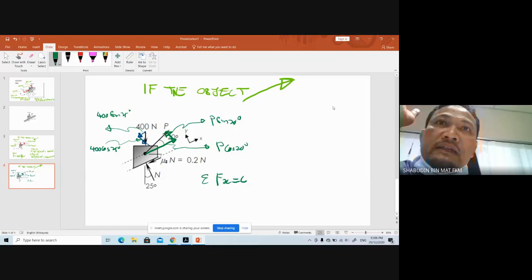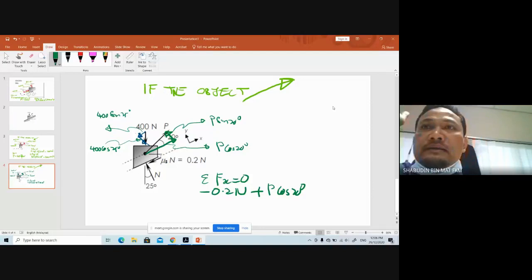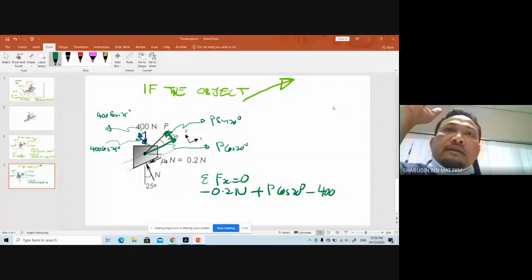So summation of force in X is equal to 0. What do you have in X? Negative 0.2 N this time, plus P cos 20 degrees, minus 400 sine 25, everything goes to 0. Summation of force in Y is equal to 0.